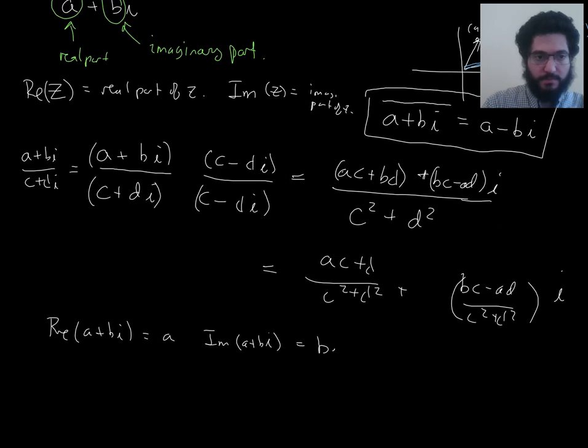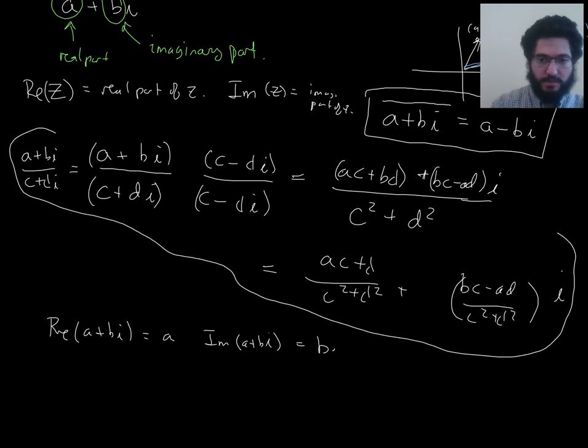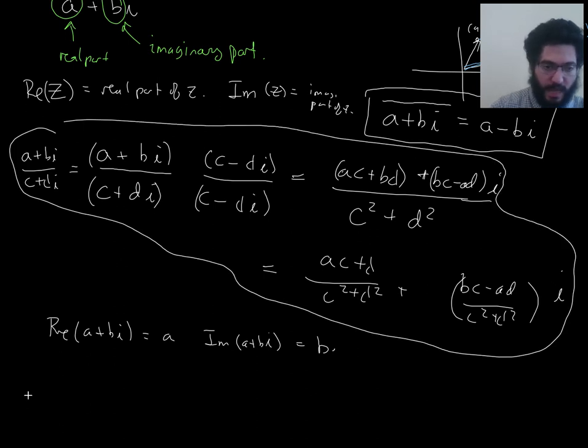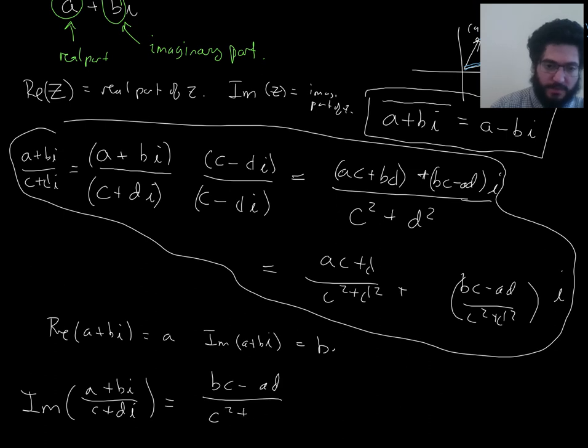For example, what we are observing here is that if you want to know the imaginary part of this complex number, this quotient, then the imaginary part is this real number, BC minus AD over C squared plus D squared. Who knew? The imaginary part of this is that.